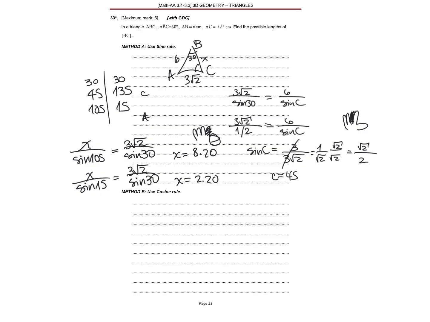we have, let me just write in red, this is C, this is C, and this is A and B. So we're going to have, I guess it doesn't matter, 3 root 2 squared, C squared, equals A squared plus B squared minus 2AB cosine 30.